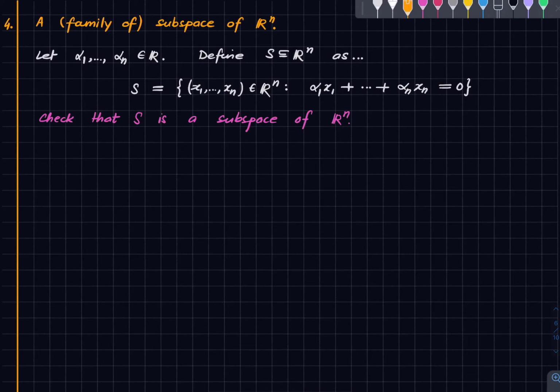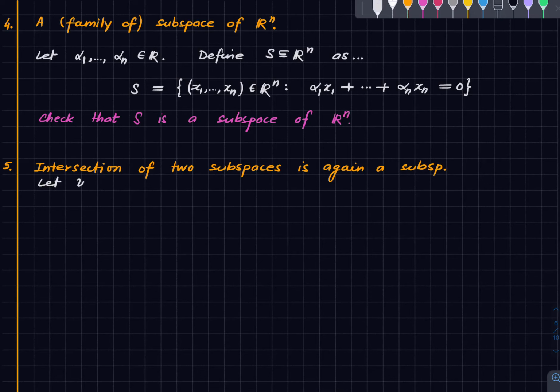Okay. Let me write one more example. Intersection of two subspaces is again a subspace. What does this mean? Let me write it in a more precise fashion.